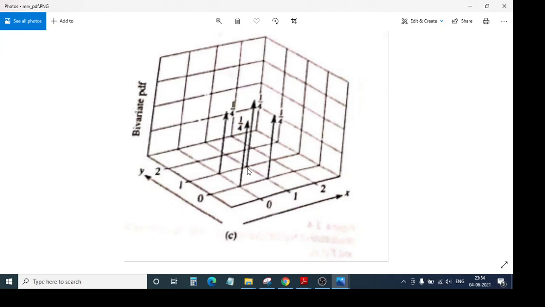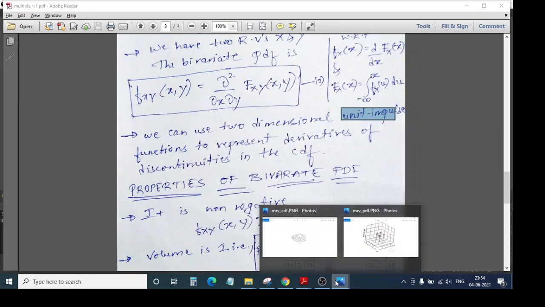Now it is two-dimensional. Why is it two-dimensional? Because there are two random variables: one is the X plane and another one is the Y plane. Using that we have drawn this diagram. Remember, always when we draw impulses, it is the PDF. Similarly, we can draw our CDF as well.